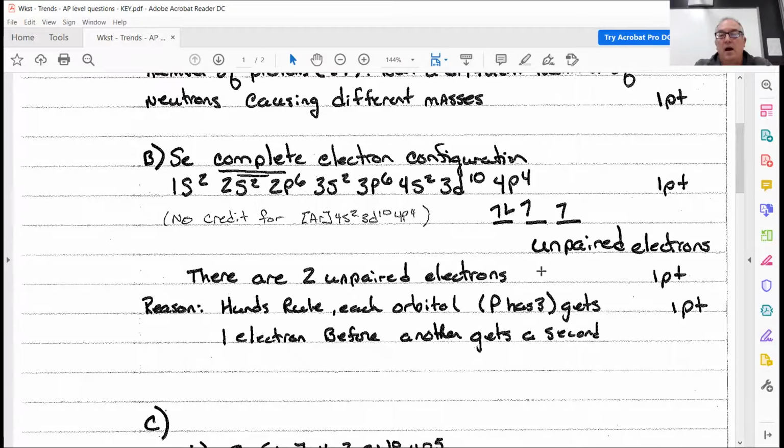And then I'm able to say, because I can show it, they can see it, that there are 2 unpaired electrons. The reason for that is Hund's rule: each orbital in P gets 1 electron before any gets a second. So I showed the configuration, there's my 1 point. Then I get another point for saying there are 2 unpaired electrons, and a 3rd point for saying Hund's rule is the reason I have those unpaired electrons.